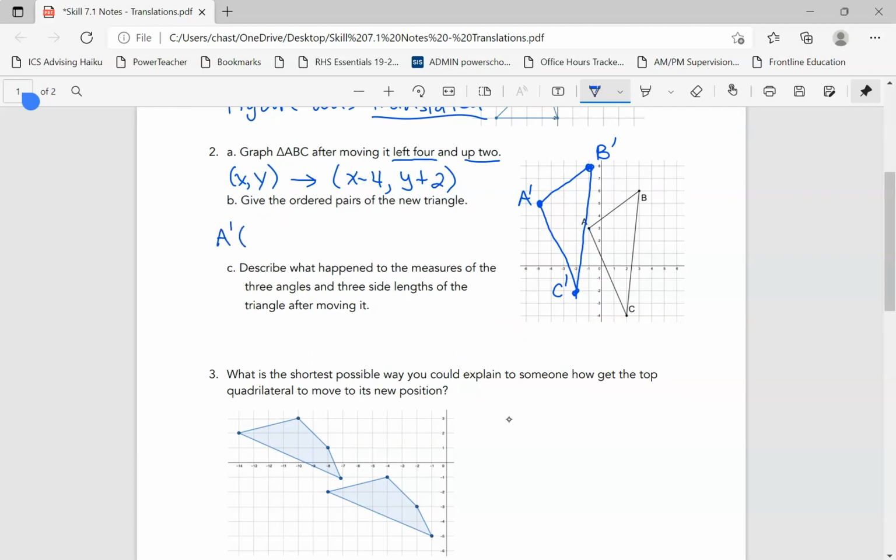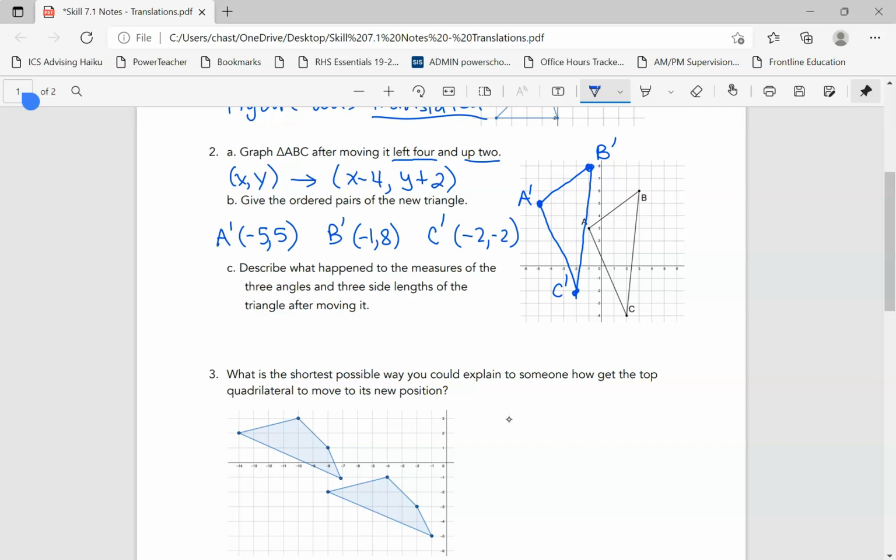A prime has the ordered pair (-5, 5). Or I'm sorry, it's hard to see those numbers. B prime, if we look here, is (-1, 8). And for C prime, it looks like (-2, -2).